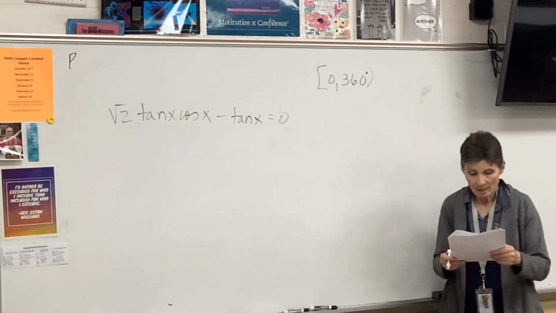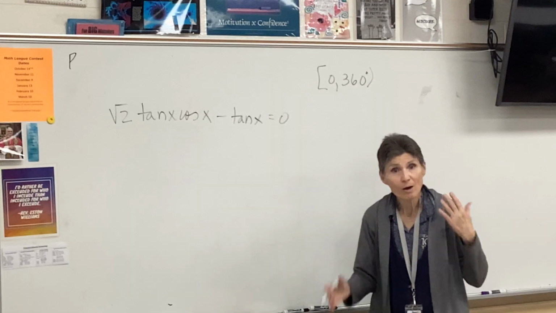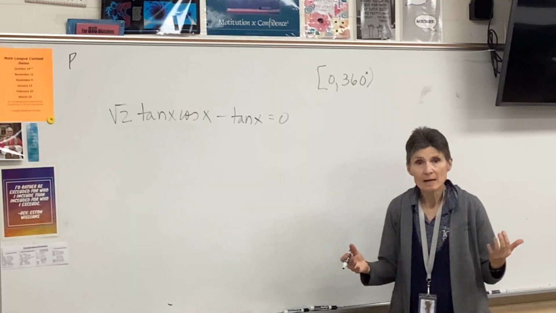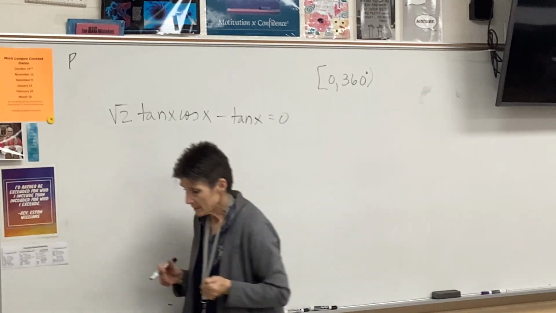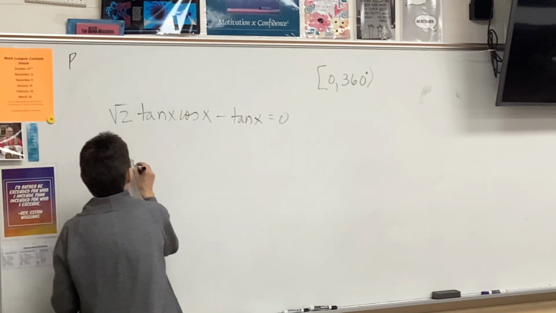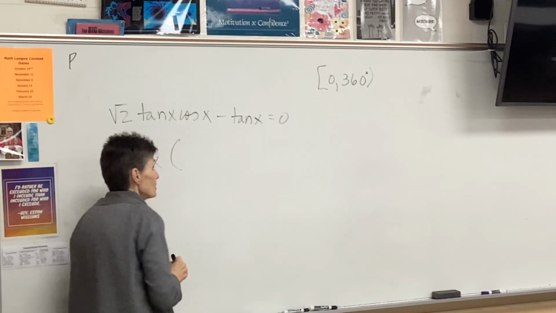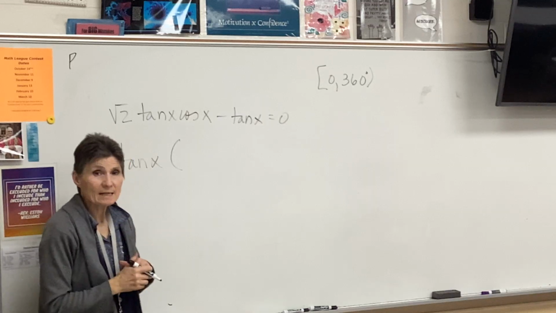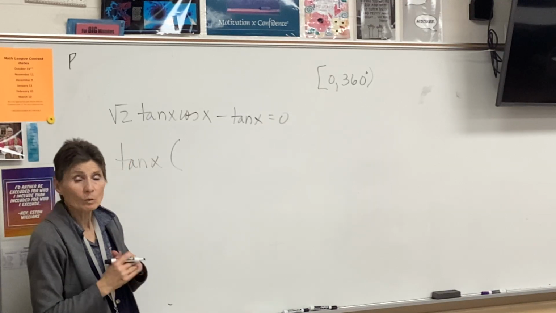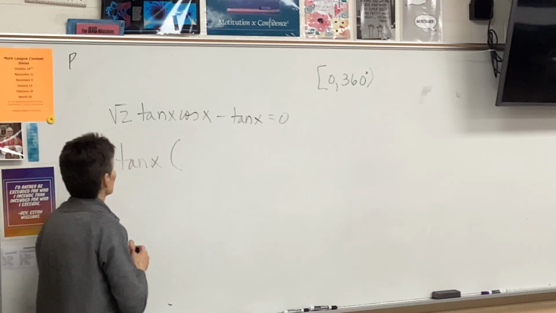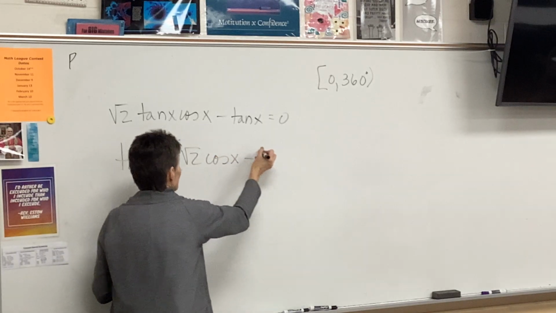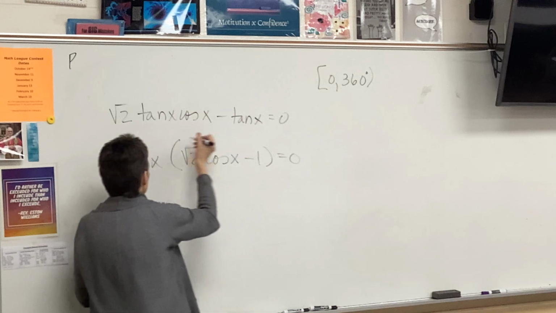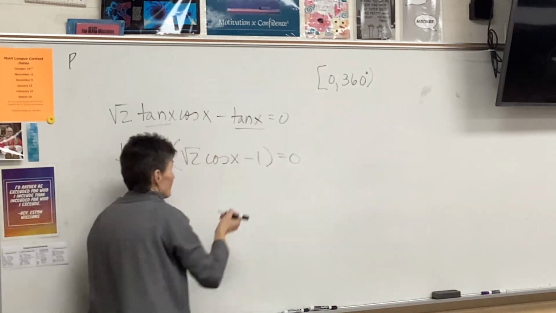And I hope you see we're going to do the same thing. Can't we factor? What can we factor? We can take out a tangent. So if we do that, if we take out a tangent, what will we be left with? Root 2 cosine minus 1. I'm taking out my tangent.